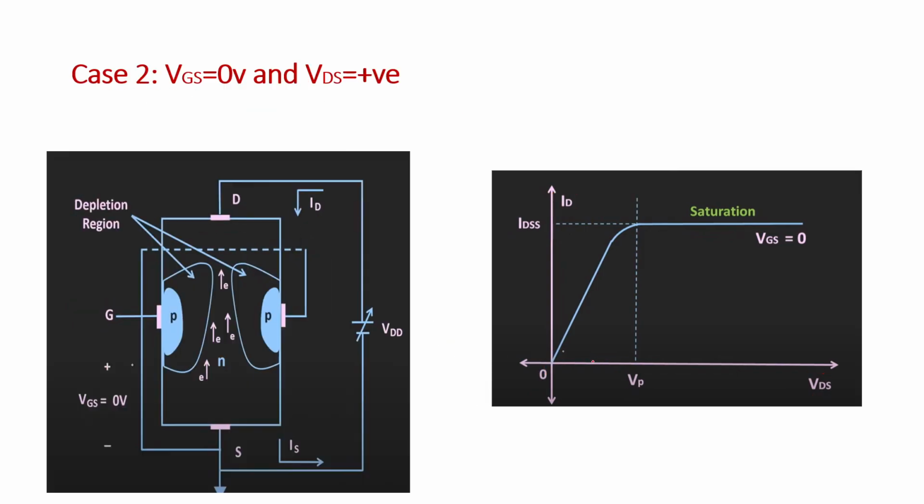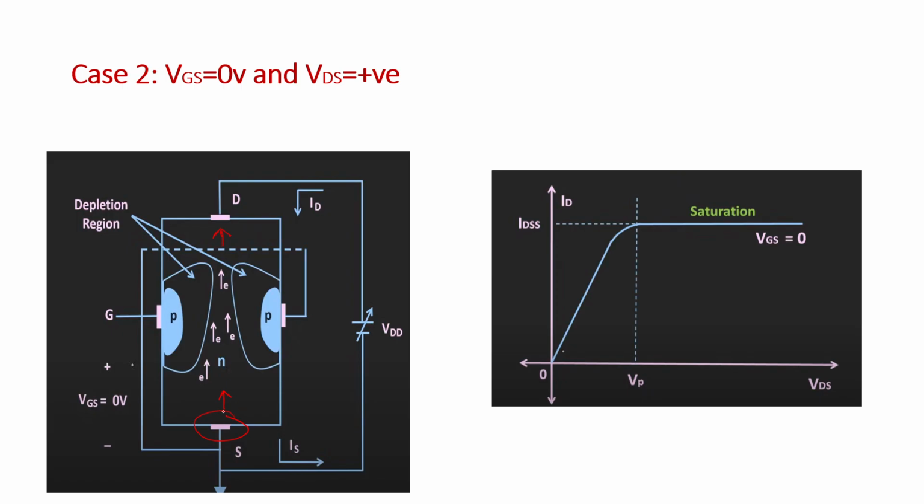And in the second case we apply VDS, and why it is positive, we are going to discuss now. Means now we are going to connect a battery. So how to connect a battery, which polarity to be connected to drain and source. I already said, the source is a terminal where the majority charge carriers enter the channel, and the drain is a terminal where the majority charge carriers leave the channel.